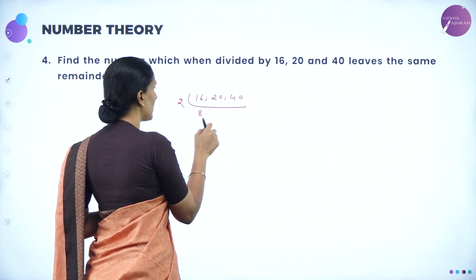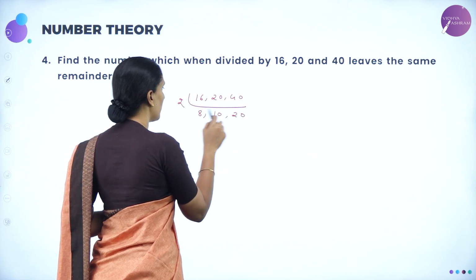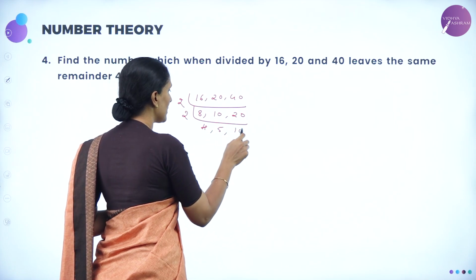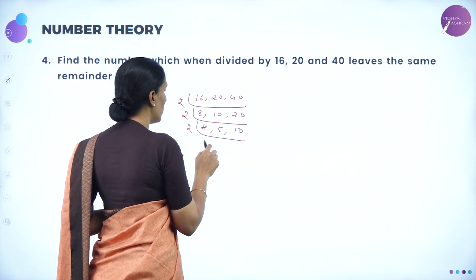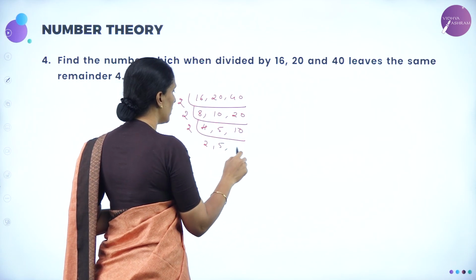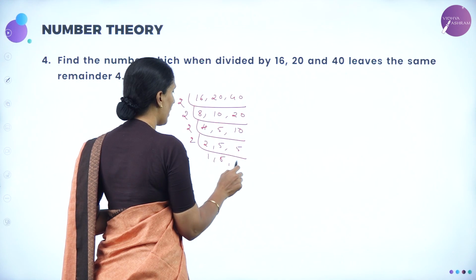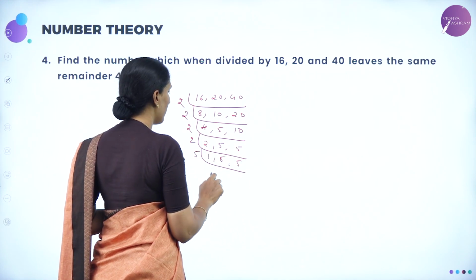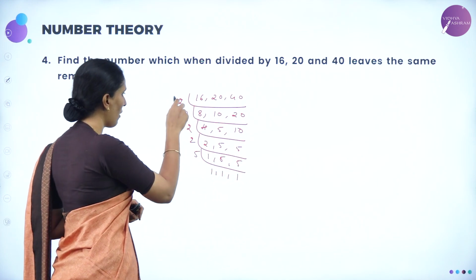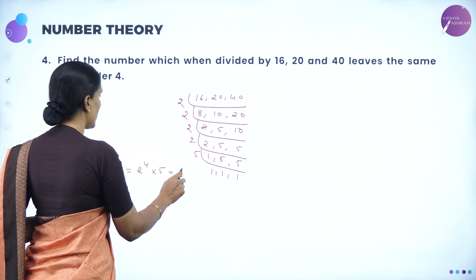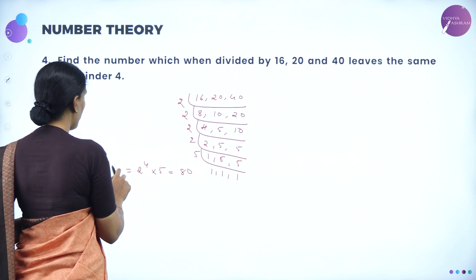We have 2 power 4 into 5, which is 80. So the LCM of the given numbers is 80.